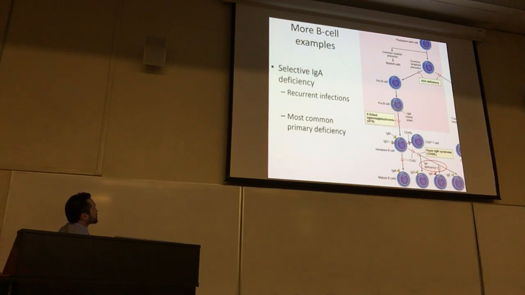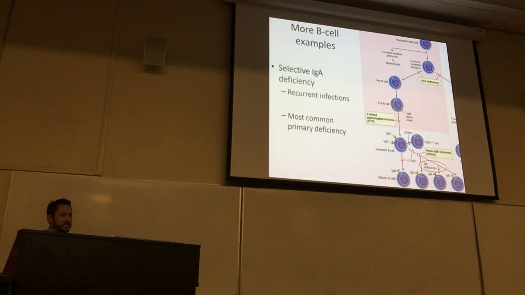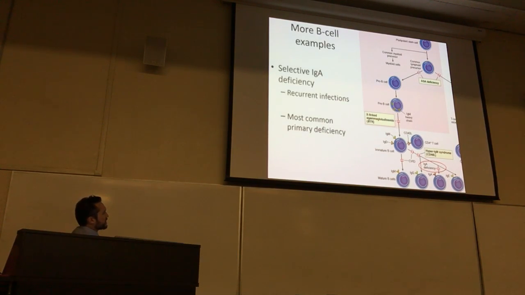If we move to the next one, this is known as a selective IgA deficiency. The selective IgA deficiency, by name you can see, it only prevents you from making your IgA, but you still make your IgM, your IgG, and your IgE.